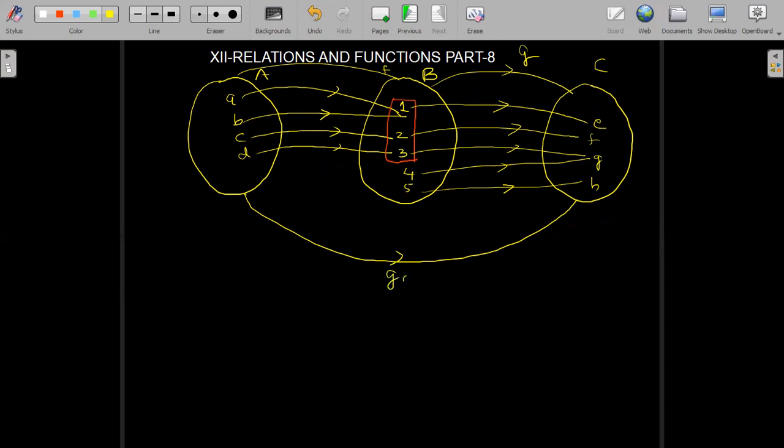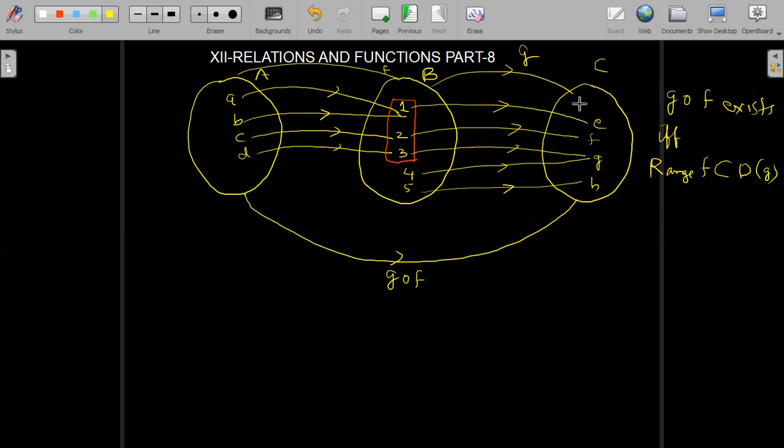This is denoted by G composite F. G composite F means the range of F should be a subset of the domain of G. So G composite F exists if and only if the range of F should be a subset of, proper subset of, the domain of G. D for domain, domain of G.